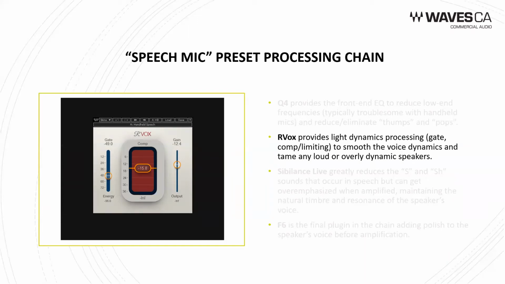It tames anything that comes out in the speech that's loud or overly dynamic. It doesn't squash it. It just does some light processing to it to make it a little bit easier to send through the system, again, without making the PA take on a very dynamic speaking voice.